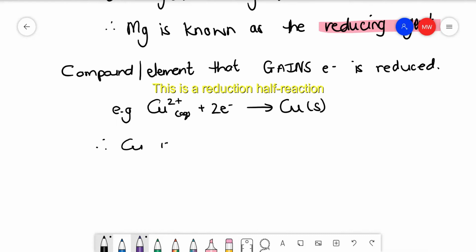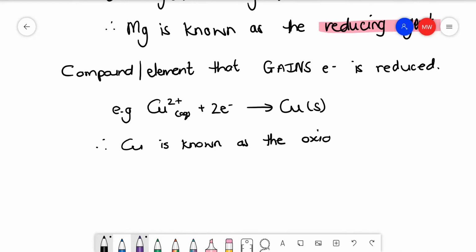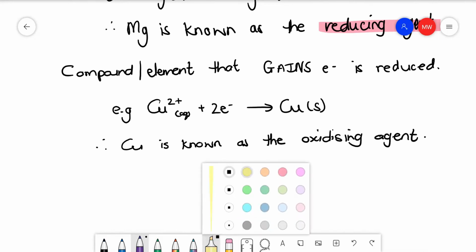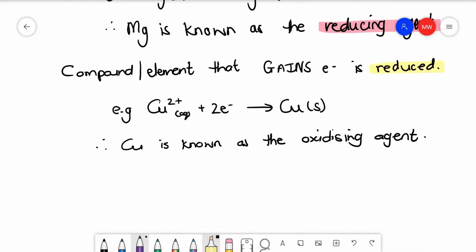We then say that copper is the oxidizing agent. So when a compound or element is reduced, it is the oxidizing agent that is being reduced.